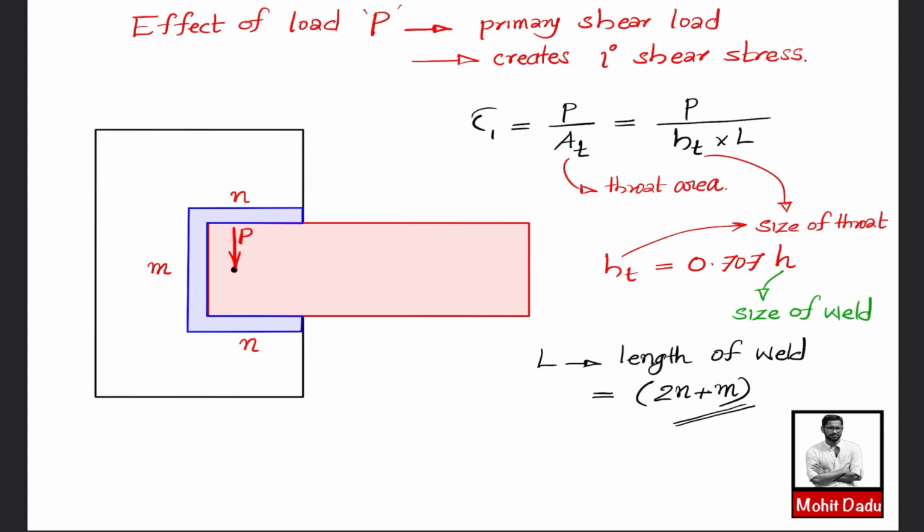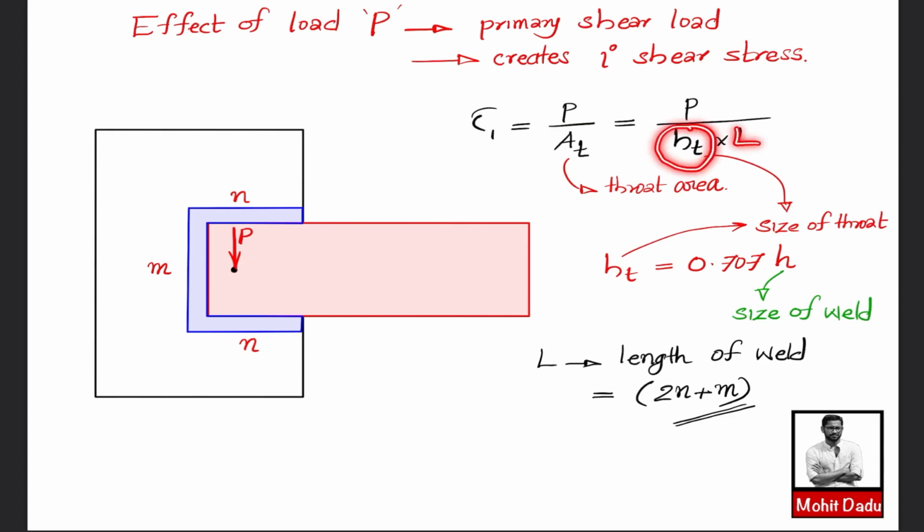So this load will be acting as a shear load, that is known as primary shear load for this cross section, and this will be creating a stress which is known as primary shear stress, and we will be designating that by tau1. That primary shear stress will be equal to shear load by shear area. Here the shear load is P itself, and the area is the area across the throat section. For finding the area across the throat section, I will be calling it as AT.